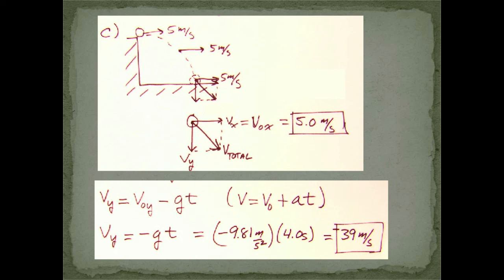I didn't do that here, but what's interesting, the longer this falls, the steeper this angle gets, and this vertical velocity will overwhelm the horizontal velocity. It'll never quite be straight down though if it has a little horizontal component. But the longer it's in free fall, this path becomes steeper and steeper and steeper.